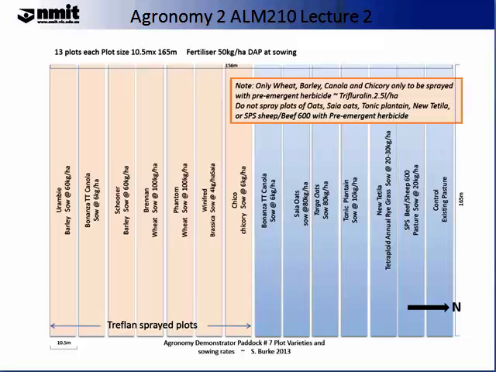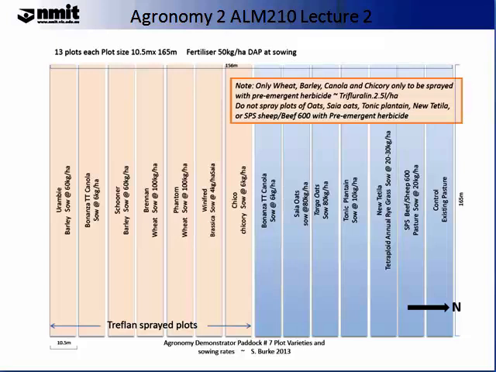You will see there are different strips and we had to do different initial treatments. Only wheat, barley, canola and chicory could be sprayed with pre-emergent herbicide, of which we use a product called triflufan at 2.5 litres per hectare.